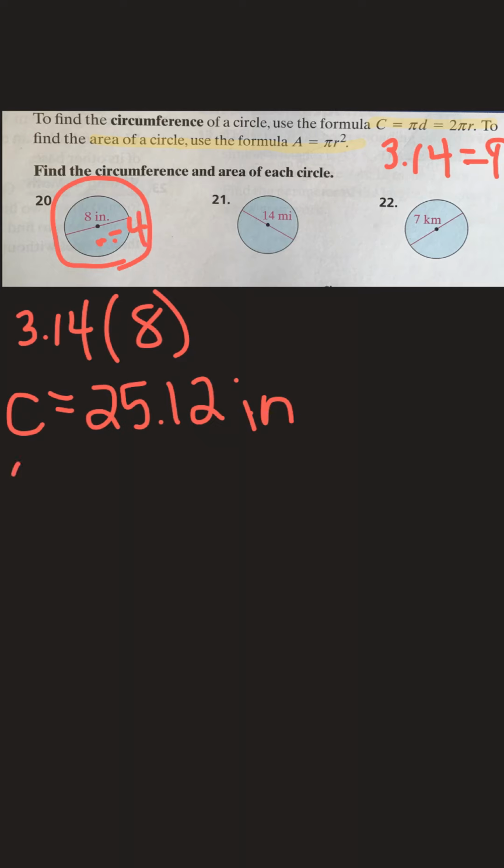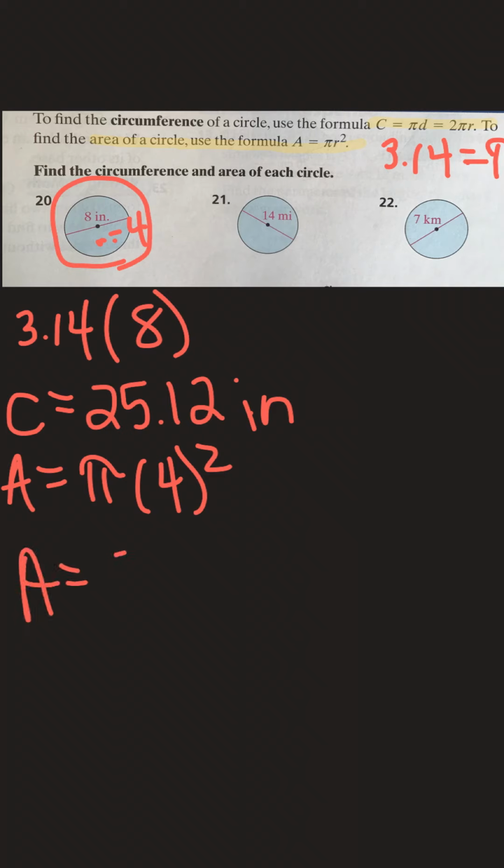So if we plug that into our equation, area equals pi 4 squared. 4 times 4 is 16. 16 times 3.14 is going to equal 50.24, so we're going to just keep it at 50.2. If you use the pi button on your calculator, you may have gotten 50.3.